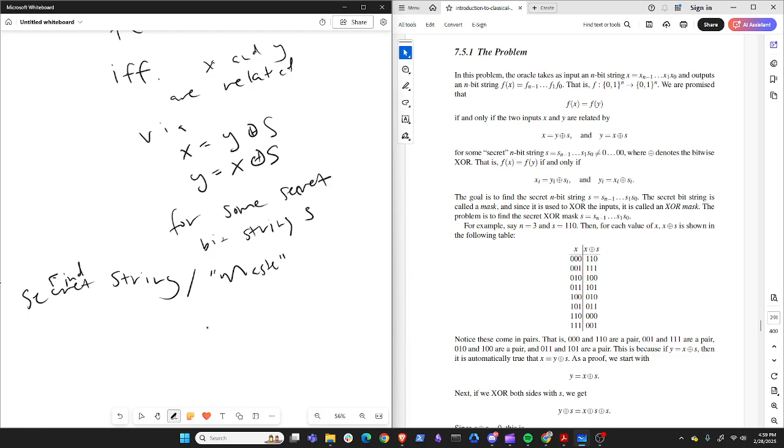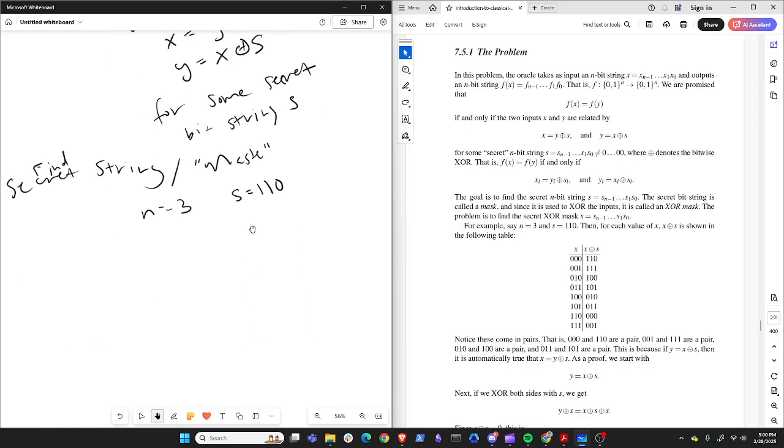So they show this example. We've got n equal to 3. Our secret string, our mask, is equal to 110. Let's look at a few of these.